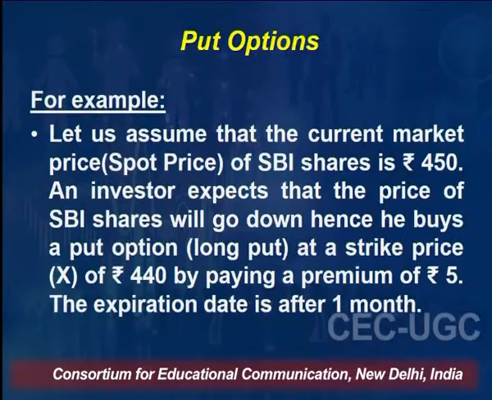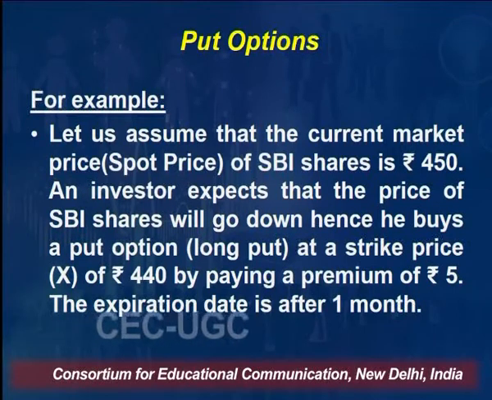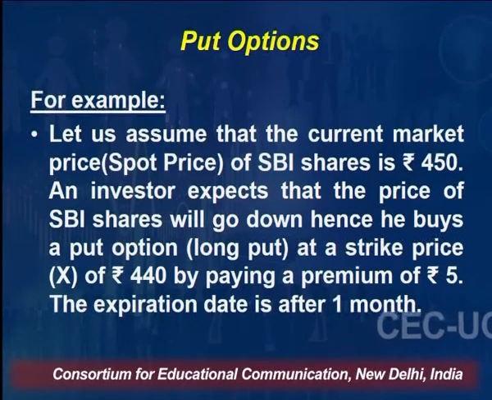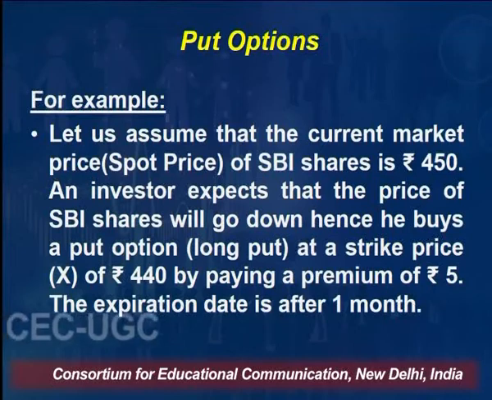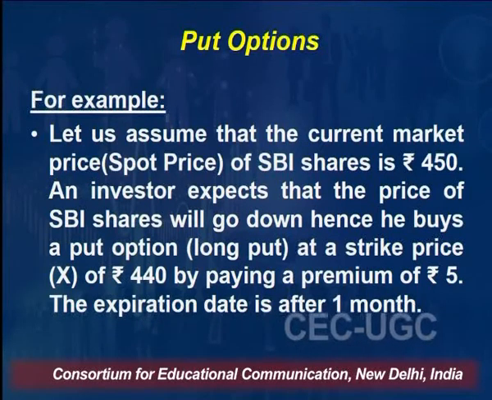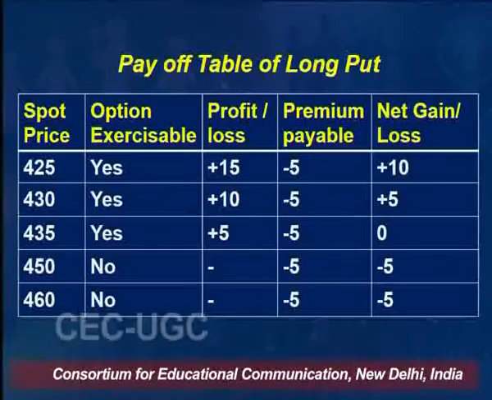An investor expects that the price of the SBI share will go down, and hence he buys a put option, long put, meaning buying a put option, at a strike price of say 450, the current price, by paying a premium of ₹5, and the expiry date is after 1 month.